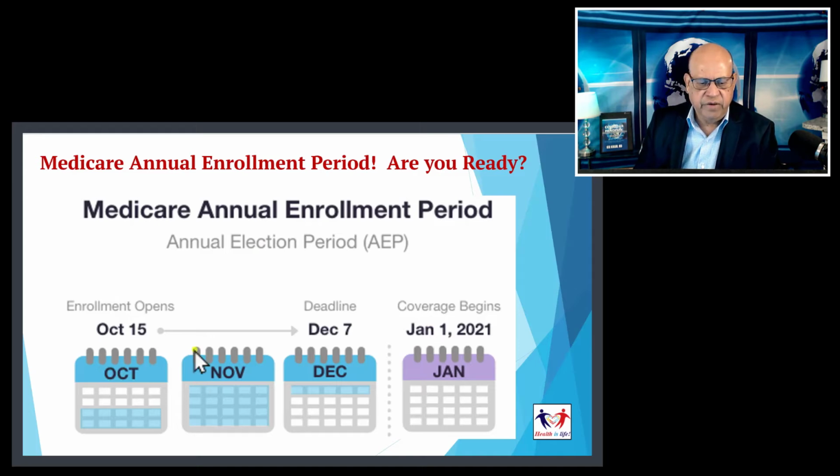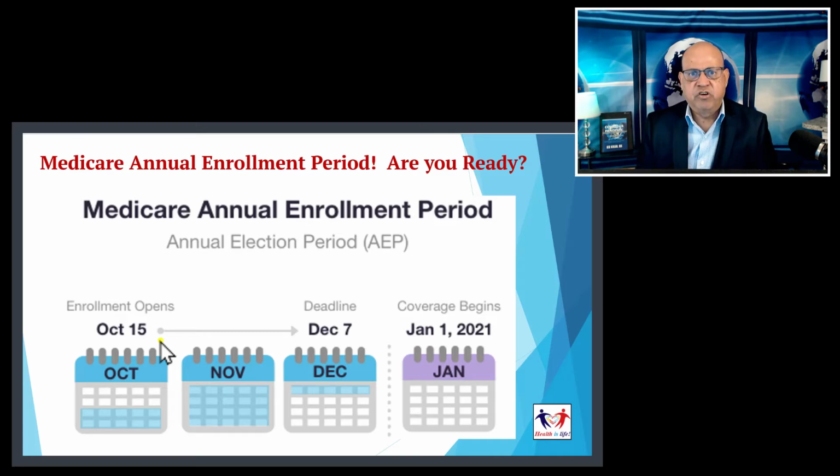This is when you look at all the features you have, look at what your needs are going to be for the coming years, and see if your doctors have changed, and if some services have not been renewed, then you may have to look at other plans.